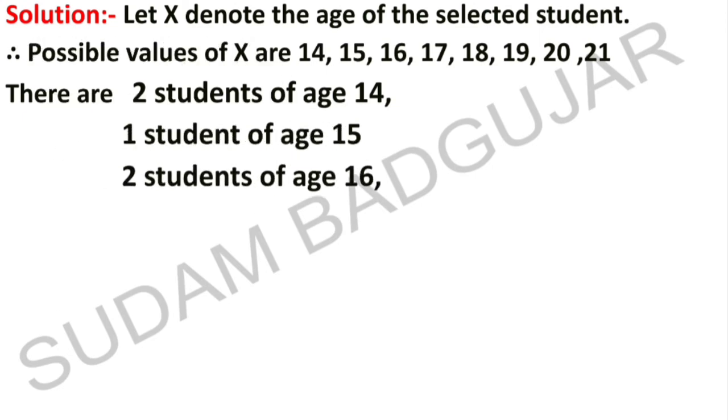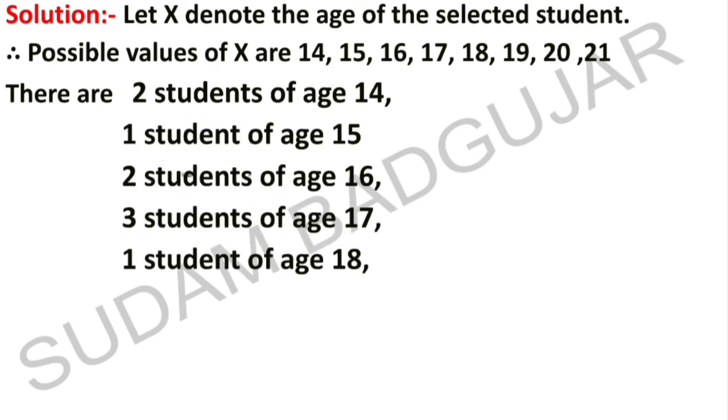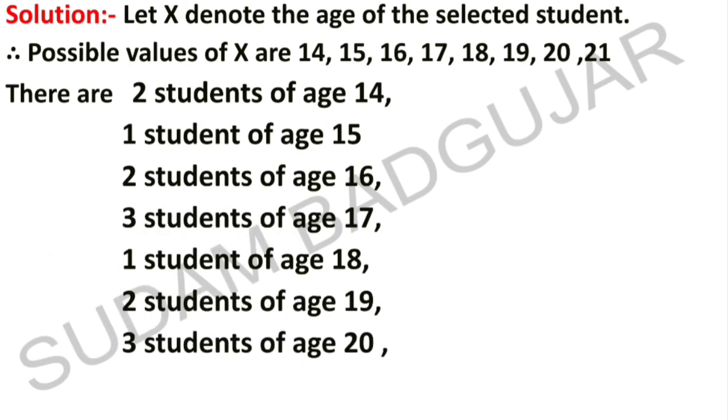In this way, two students of age 16, three of age 17, one student of age 18, two students of age 19, three students of age 20, and lastly only one student having age 21. Total students are 15, so n is 15.